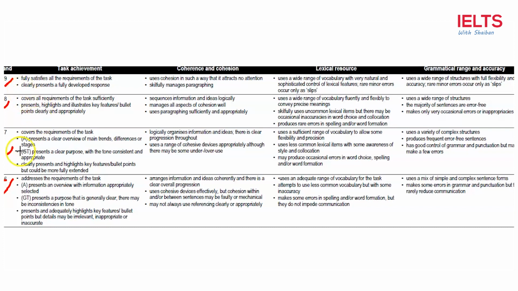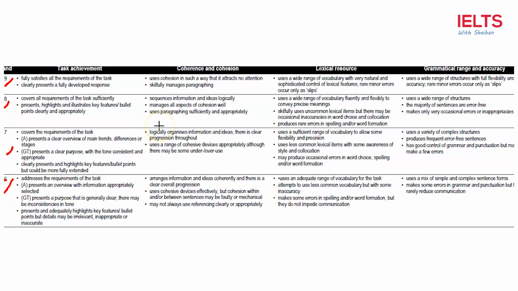But if we go to band 6, for example, we say addresses the requirements of the task. That means you have to present an overview with information appropriately selected. That means when you start your writing, you have to give an overview. I'm going to talk about that in detail in a minute. What does it mean and how to achieve it?